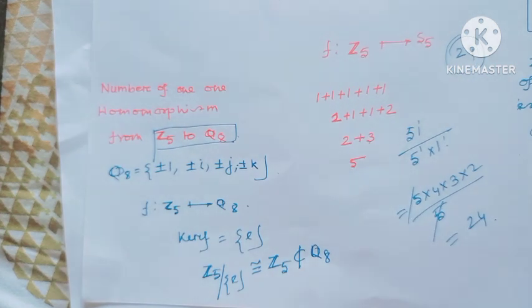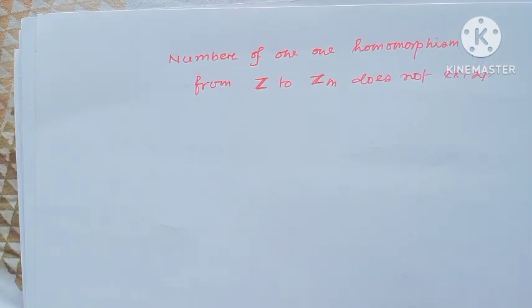So there exists no 1-1 homomorphism from Z5 to Q8. Next I will see the number of 1-1 homomorphisms from Z to Zm, which always does not exist. Why?